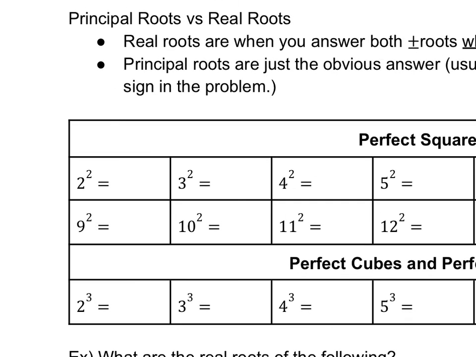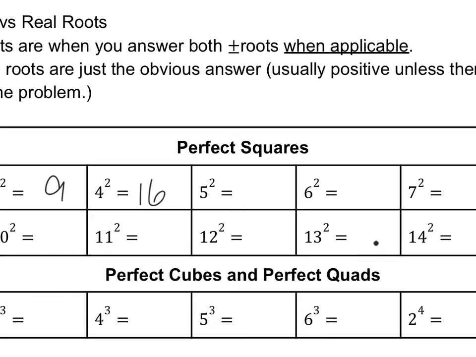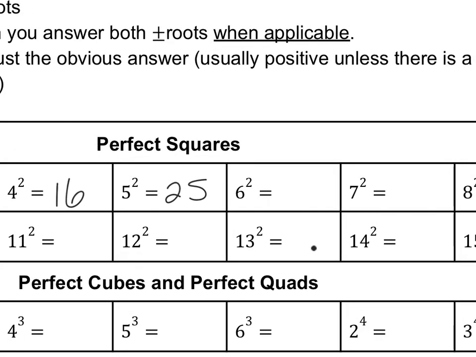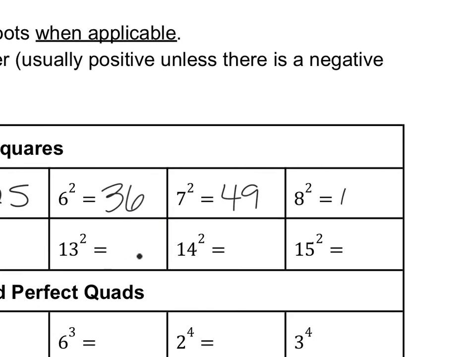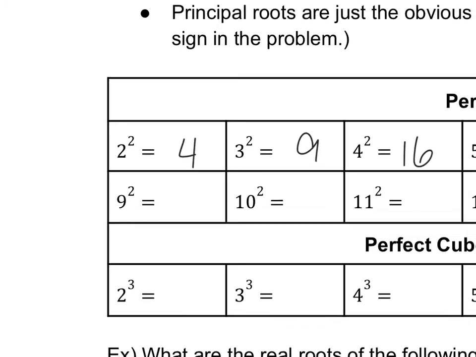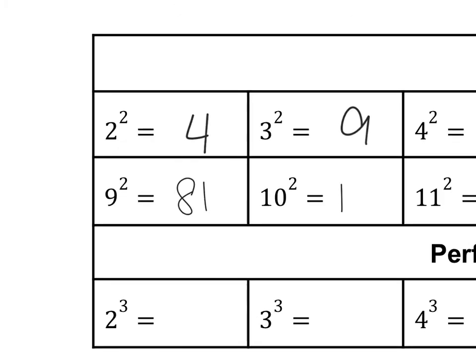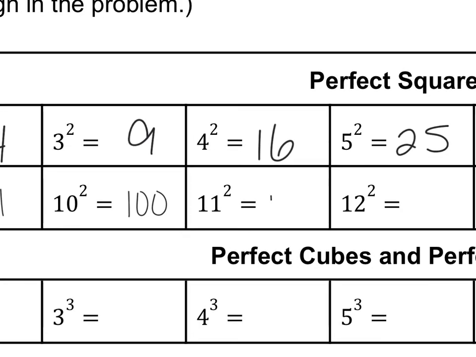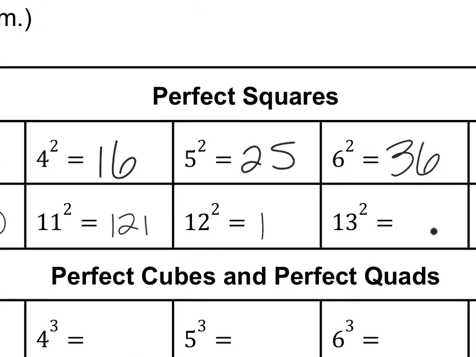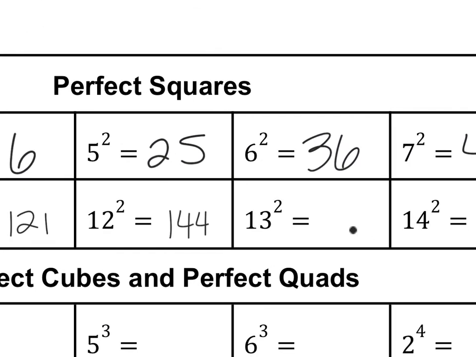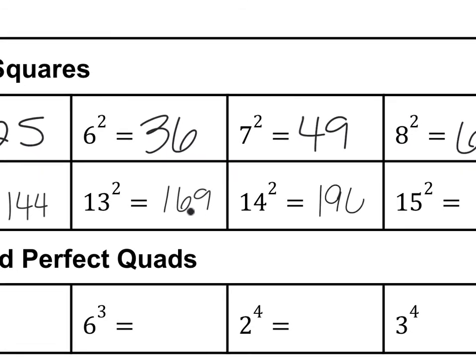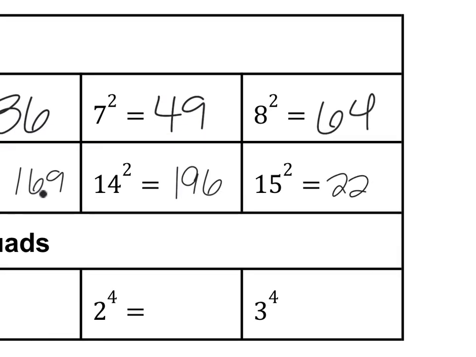So perfect squares are: 2 squared is 4, 3 squared is 9, 4 squared is 16, 5 squared is 25, 6 squared is 36, 7 is 49, 8 is 64, 9 is 81, 10 is 100, 11 is 121, 12 is 144, 13 is 169, 14 is 196, and 15 is 225.